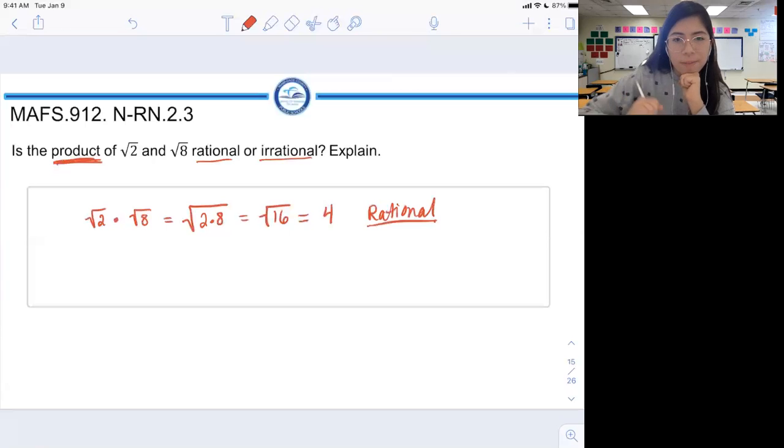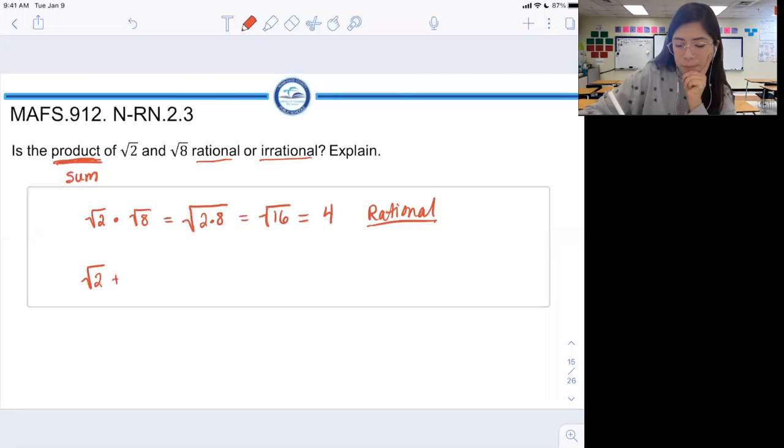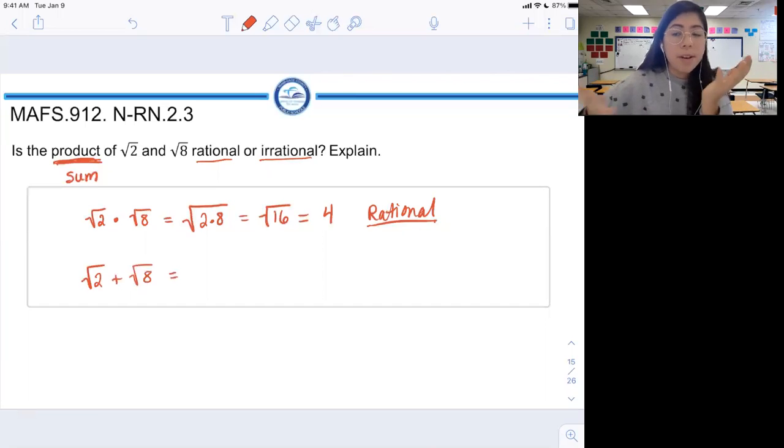This is rational. Now, what if I said the sum of the square root of 2 and the square root of 8? Wouldn't it be the same thing? Oh, it could be sometimes rational or irrational, right? That would be sometimes. So it goes either way, and you kind of have to know each time. In this case, can those come in together in the radical?